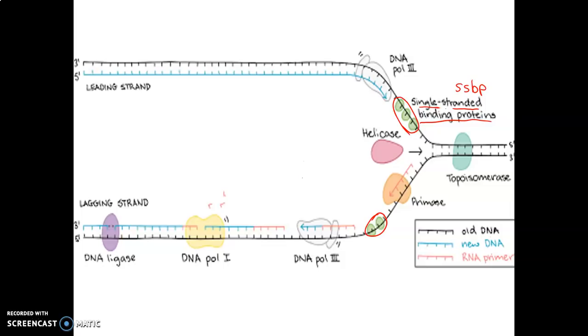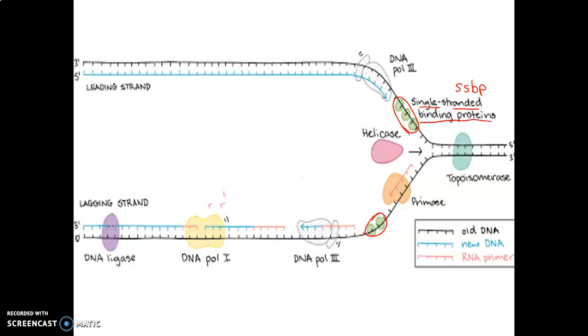Now, their job is to basically hold the parent DNA open long enough that the DNA polymerase that adds the new nucleotides actually has enough time to come in and add nucleotides before the old strands really try to come back together, because those hydrogen bonds don't want to be broken.